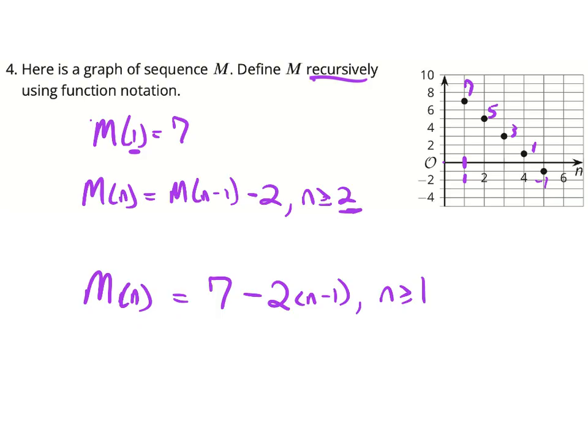One minus 1 is 0. 7 minus 2 times 0, that gets us the first term.